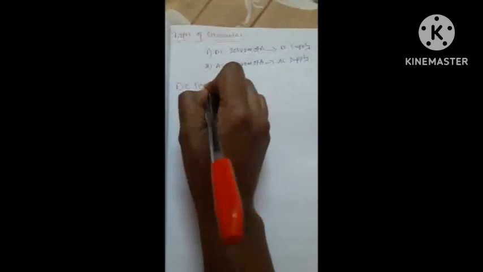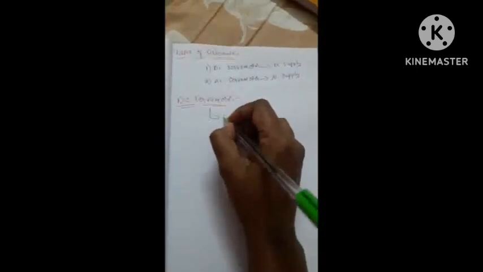First we see about the DC servo motor. The DC servo motor is of four types.